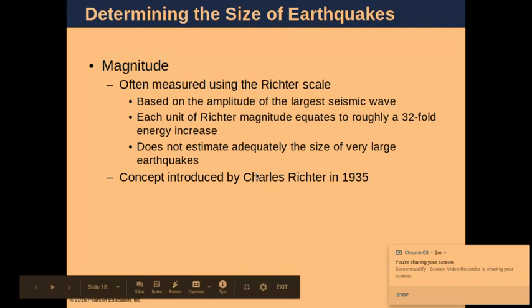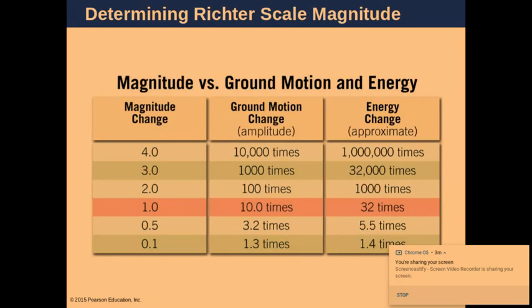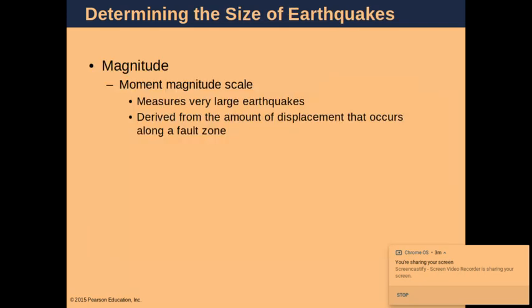Obviously it's named after Charles Richter. Each point on there is a 32-fold energy increase. So it's not like a 6 is a little bit worse than a 5. It's a lot worse. Every point you go up, a lot more energy gets released. And that's what this is showing, how much energy you get based on each magnitude change.